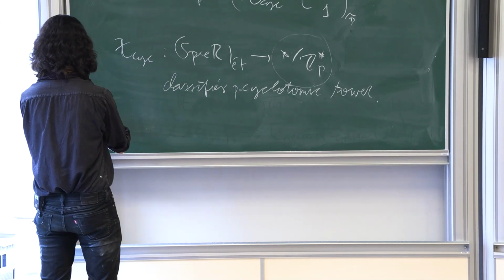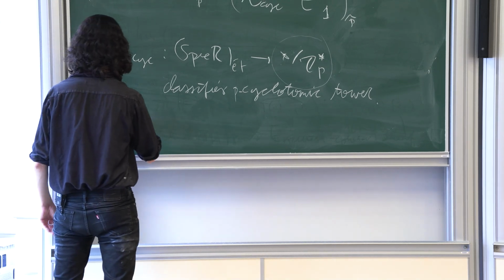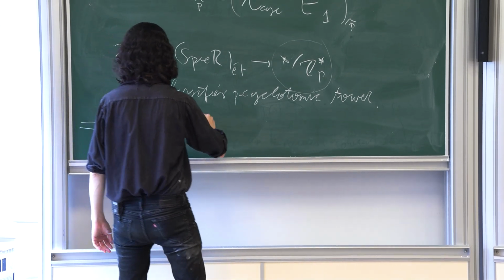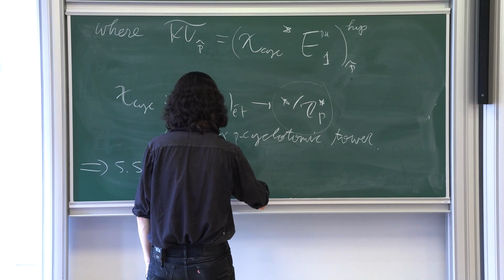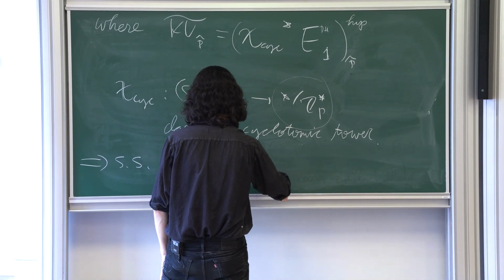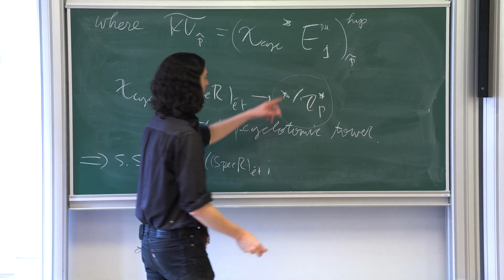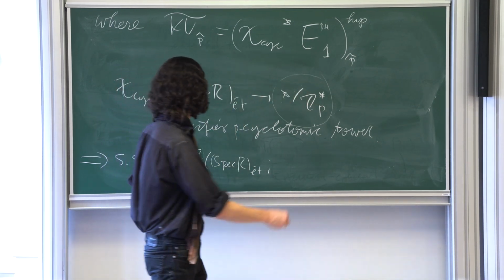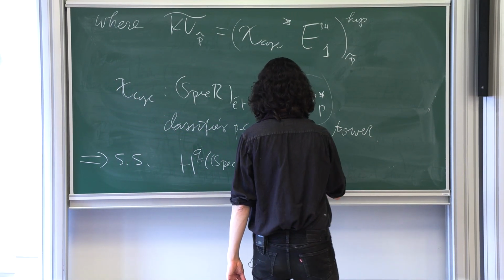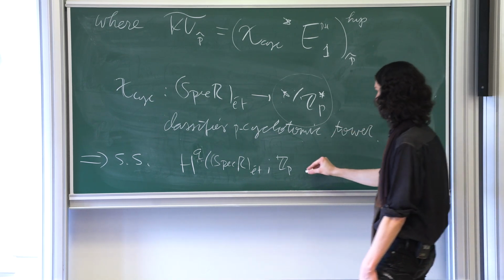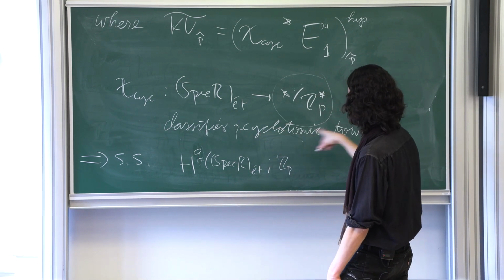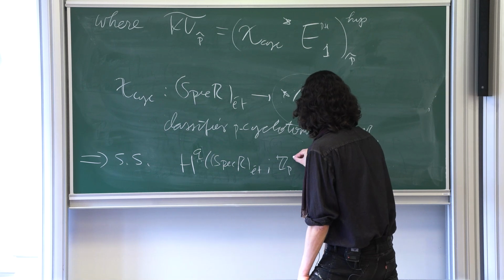So the upshot of this is a spectral sequence. So H^p, I shouldn't use p, okay, H^q of Spec R étale, and then the homotopy groups of complex K-theory by Bott periodicity are just Z_p in every even degree. But if you remember the Z_p cross action and pull back like this under the cyclotomic tower, it exactly turns into a Tate twist.